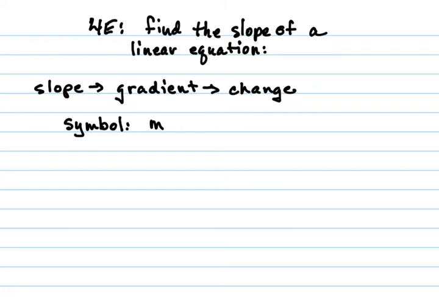Okay? And what we're going to do is we're going to look at two different ways for finding slope. And the way you find slope is going to be determined by the type of information that you're given originally.